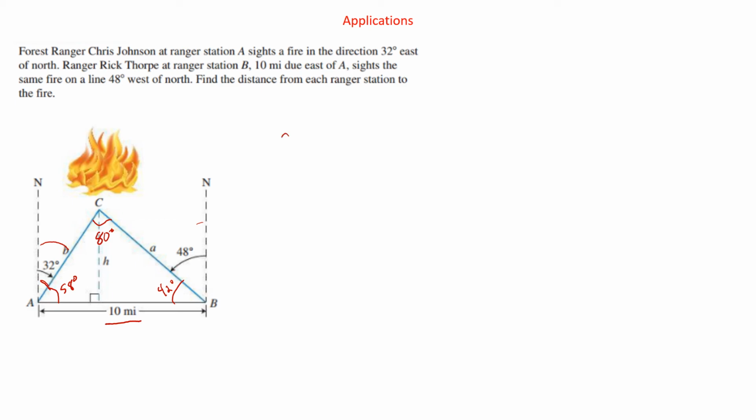So we could find A first. A divided by the sine of the angle opposite it, 58 degrees, is going to equal side C, 10, over sine of the angle opposite it, 80. So we can multiply by the sine of 58 degrees.